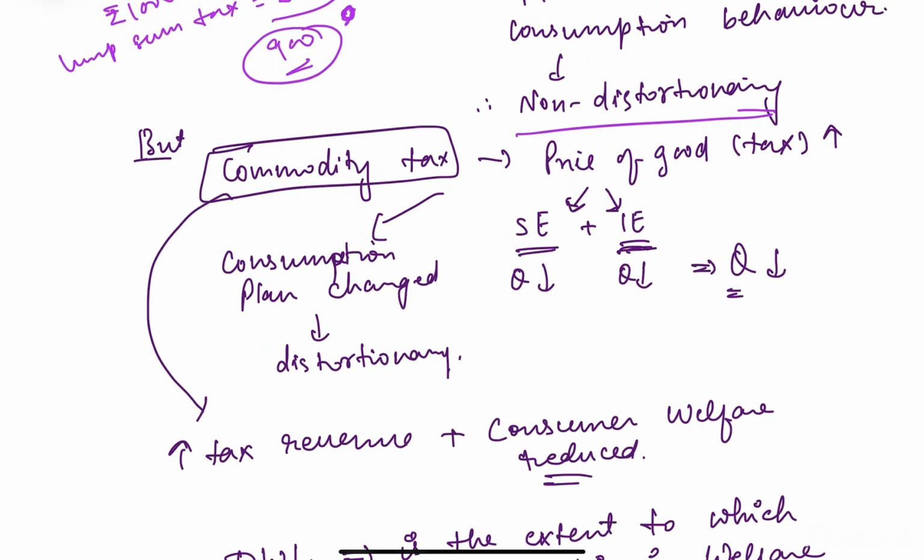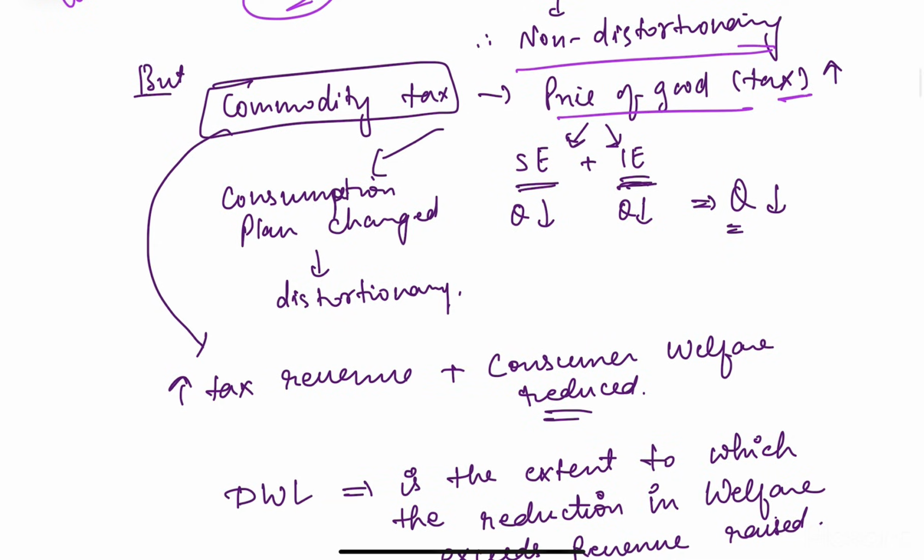But if we look at the commodity taxes, they change the price of the good. So as tax increases, price of the good increases. So again there will be two effects working, the substitution effect and the income effect. The substitution effect would say, if our good is a normal good, then price has increased, so the good has become more expensive, so let's consume less of this good, so it would reduce the consumption demand.